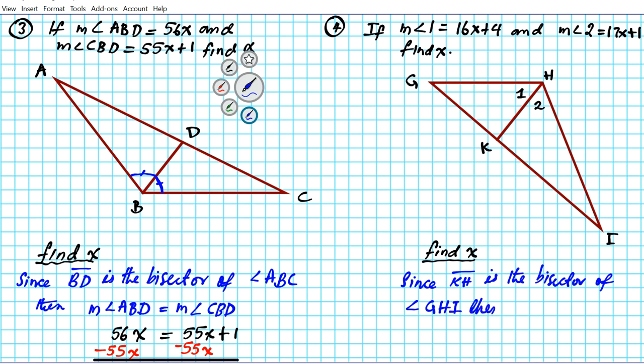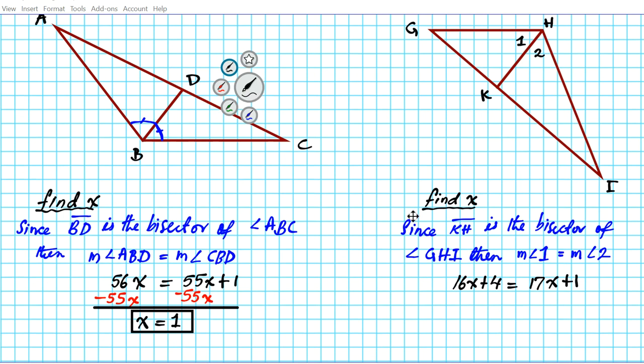Then we know that the measure of angle 1 is equal to the measure of angle 2 by the definition of an angle bisector. Okay, so we're just going to substitute and solve. So when we substitute, the measure of angle 1 is 16x plus 4. That is equal to the measure of angle 2, which is 17x plus 1.